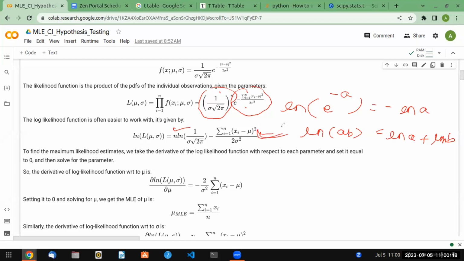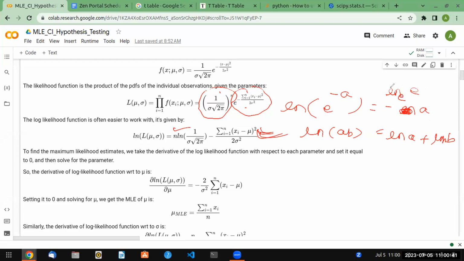Sorry, it's minus a, right? Yes, it's minus a, Ashish. Log e to the power minus a would be minus a, not ln a. Because ln has base e, so this is 1.